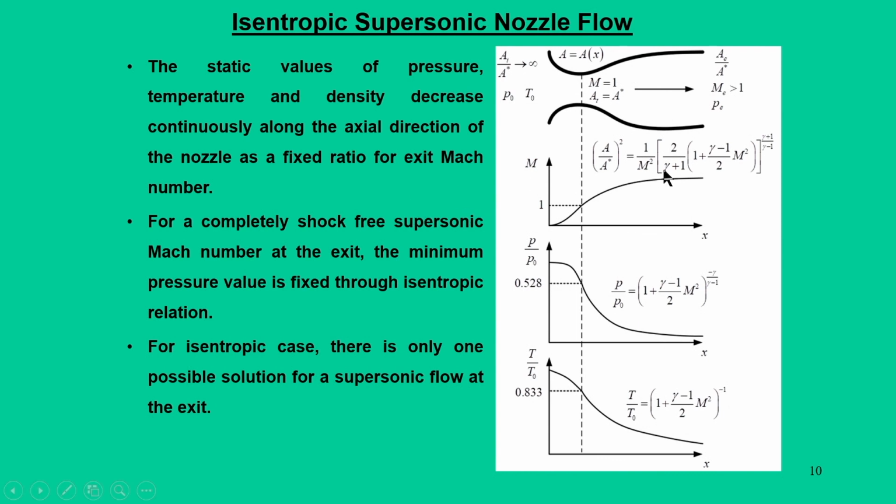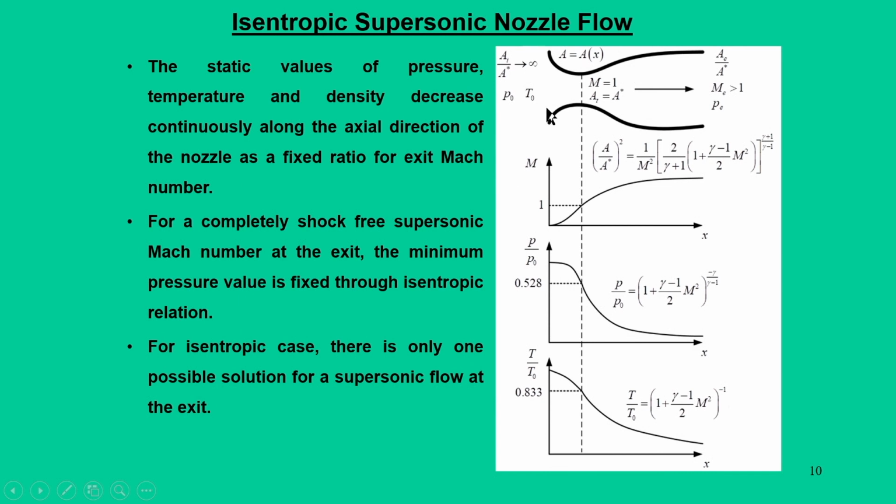Another important aspect of supersonic nozzle flow, since we are talking about isentropic flow, is that entropy does not change. So, it is a complete shock free environment, which means we can use these isentropic relations, and the Mach number is always supersonic at the exit, and the minimum pressure value is fixed through the isentropic relations.